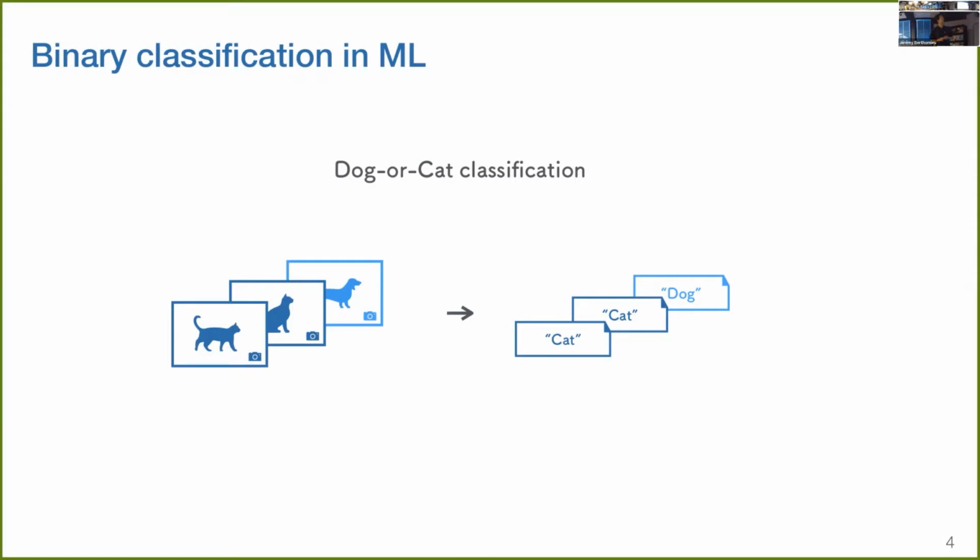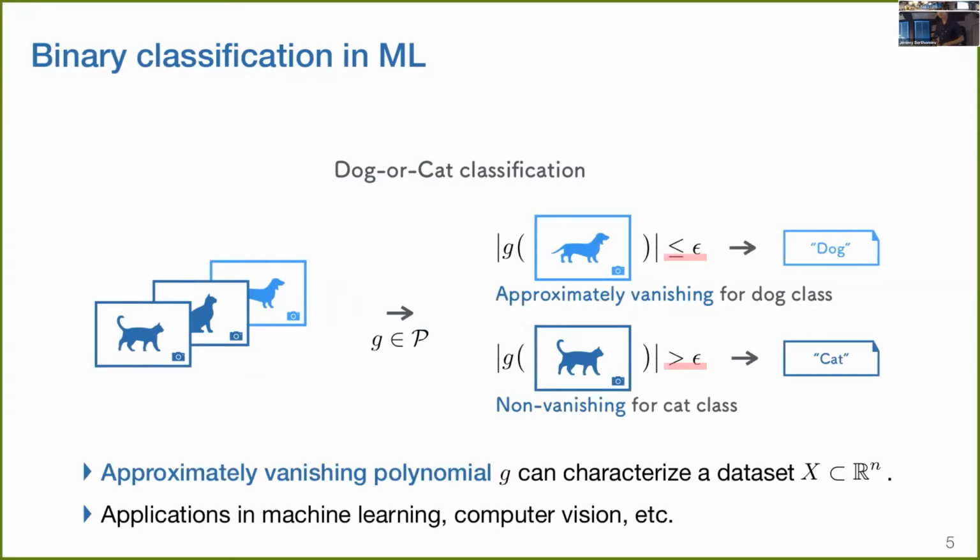I give a binary classification example here to motivate why we want to calculate the generators of vanishing ideals. Here is a dog or cat classification. You have several images which can be dog or cat, and we want to label them. In machine learning, you have many ways to do binary classification. But if you want to use some computer algebra for this task, what you can do is to compute the approximately vanishing polynomial.